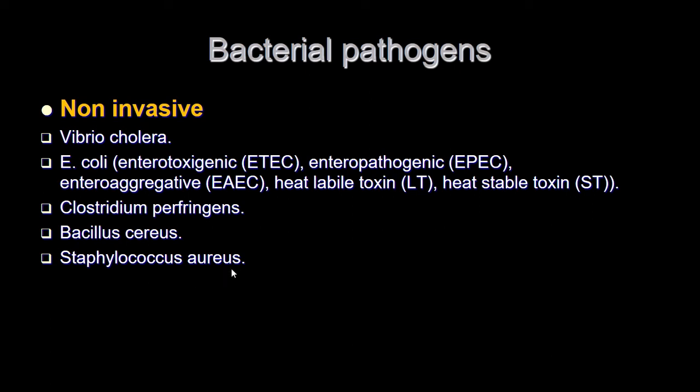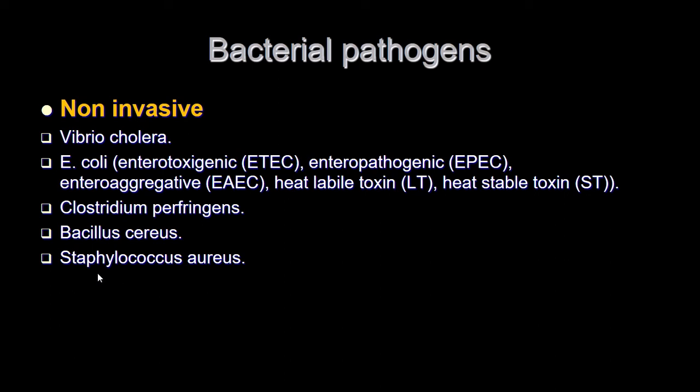Also, Staphylococcus aureus. Staphylococcus aureus can be associated with severe watery type of diarrhea. And by the way, this is what we call food poisoning. Food poisoning is just eating food that is contaminated with these infectious agents, like Staphylococcus aureus.